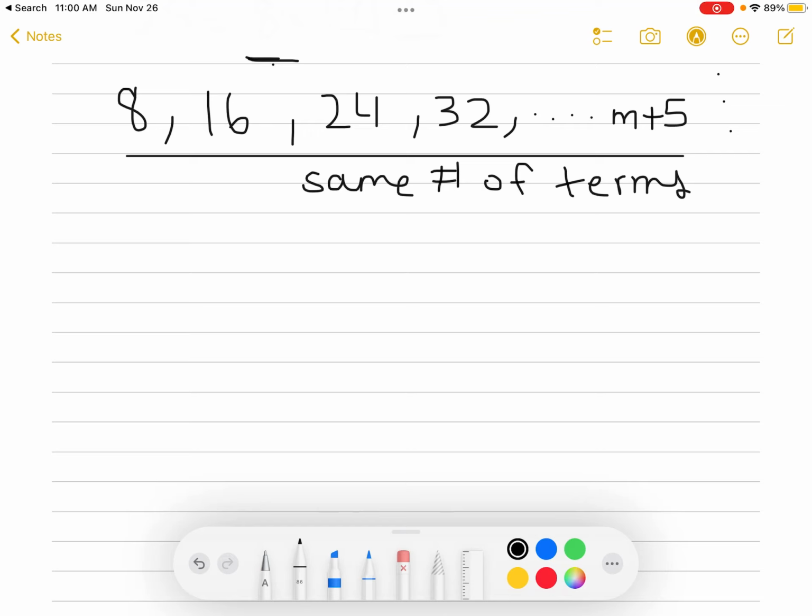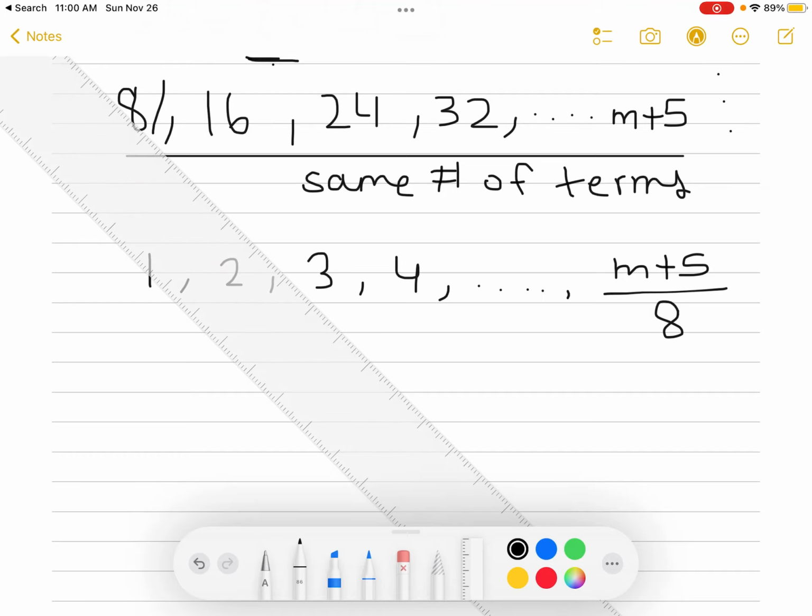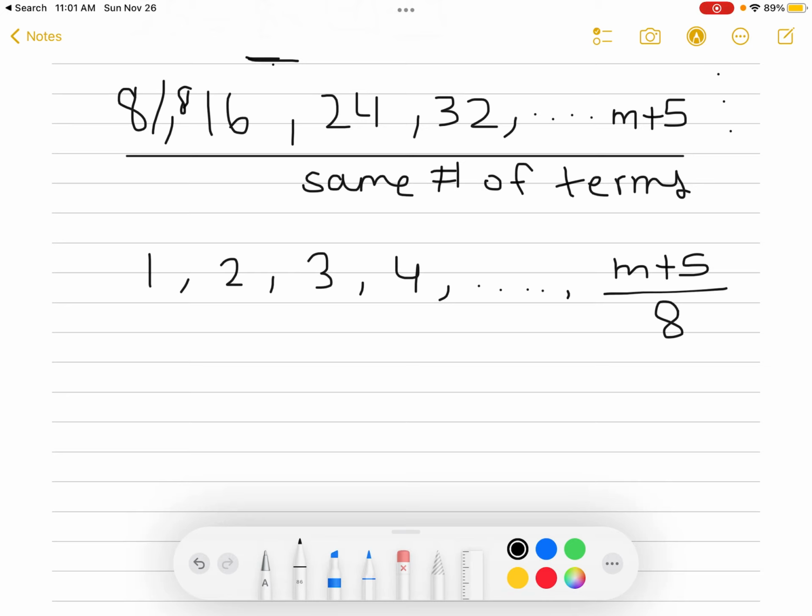So we will have the sequence 1, 2, 3, 4, all the way up to m plus 5 divided by 8 as our final bare bones sequence after dividing each term by 8. Just like that.